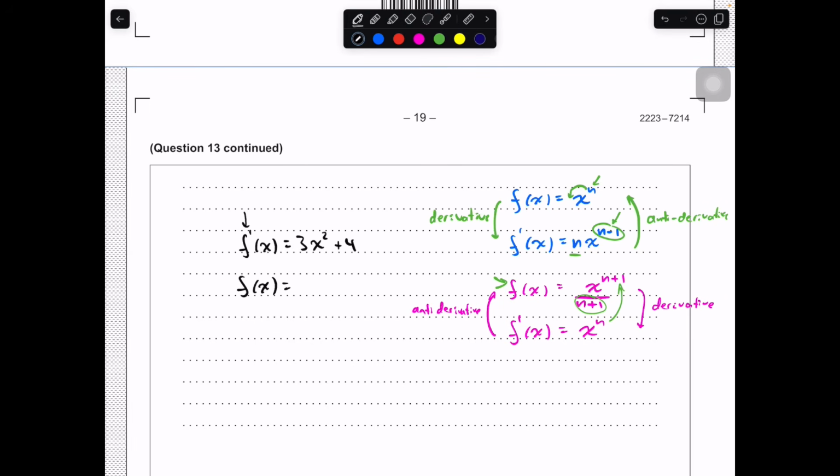We know that if our derivative is to the power of 2, then our original function would have been to the power of 3. And what we would have done if we had taken the derivative at this point is multiplied it by 3. So we can imagine actually just doing this in reverse. If we were to multiply it by 3, we'd actually get this 3x squared.